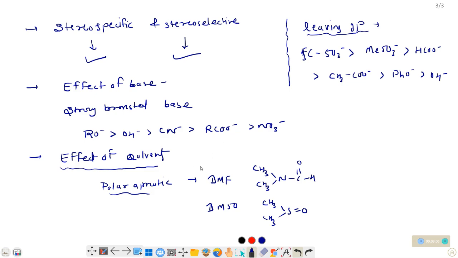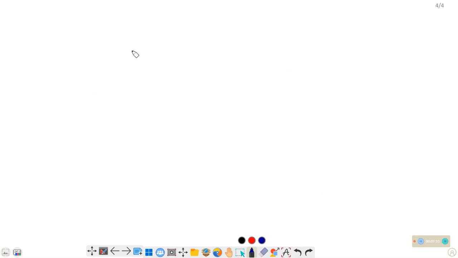Now let's see the difference between E1, which we covered in the previous video, and E2. For the substitution of the substrate, it should be 3 degree, 2 degree, 1 degree to stabilize the carbocation, and E2 is also 3 degree, 2 degree, and 1 degree. In the E2 reaction, transition state stability is the key factor.